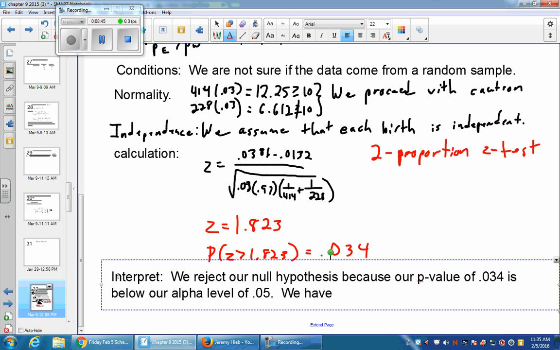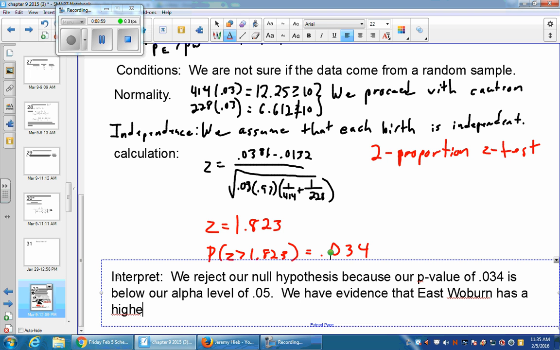So we have evidence that East Woburn has a higher birth defect rate than West Woburn. All right, hopefully that makes sense. Good luck.